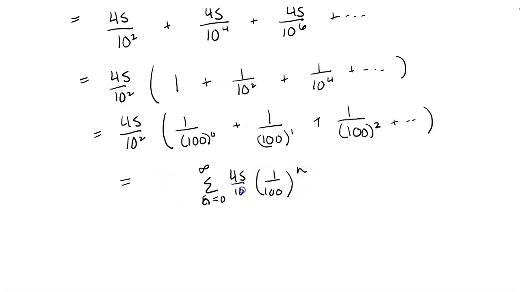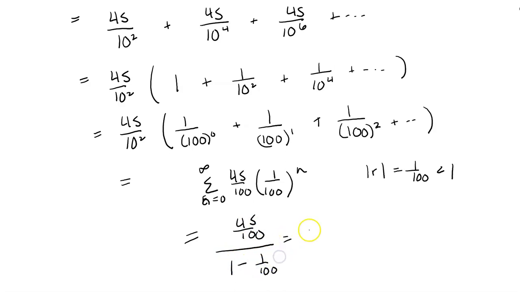It doesn't really matter. Because this is a geometric series where r is equal to 1 over 100, which is less than 1. So this will be 45 over 100 divided by 1 minus 1 over 100.